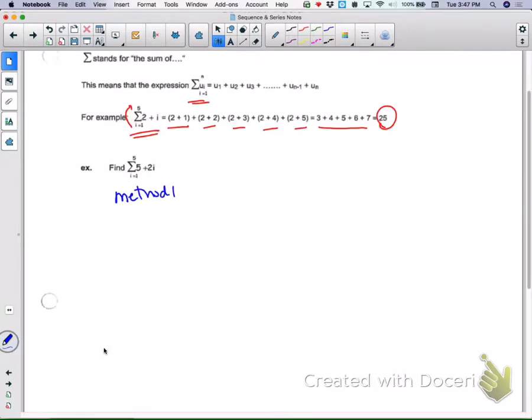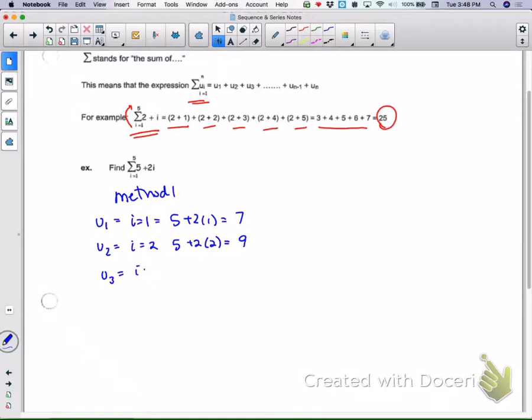So it's actually to expand and to write all the terms out. So u sub 1 would be plugging in i equals 1. So that's going to be 5 plus 2 times 1 is equal to 7. U sub 2, that's going to be i is equal to 2. That's going to be 5 plus 2 times 2, which is going to be 9.